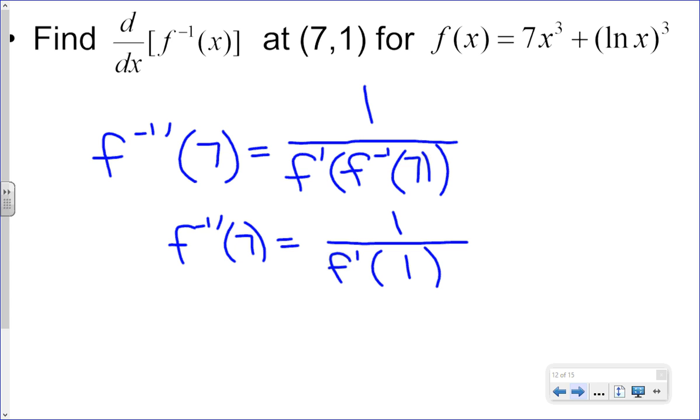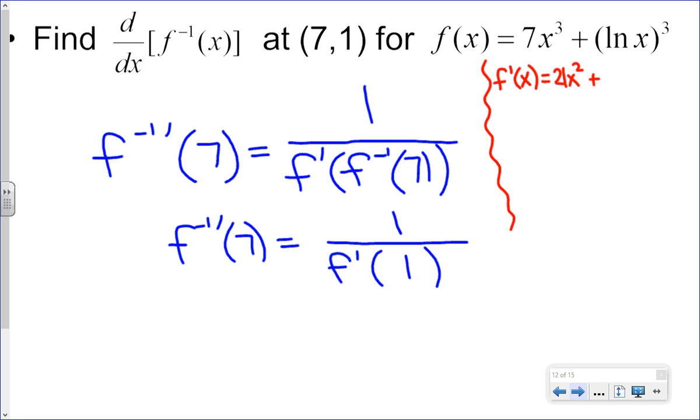So, off to the side here, we're going to find the derivative. Okay? Marcus, what is the derivative of 7x cubed? 21x squared. Good. Okay. The natural log of x, the quantity cubed.